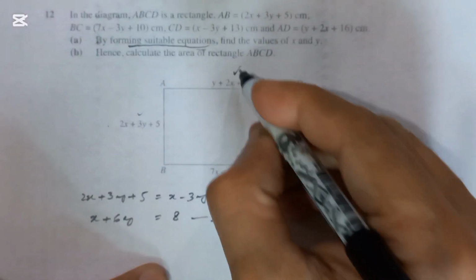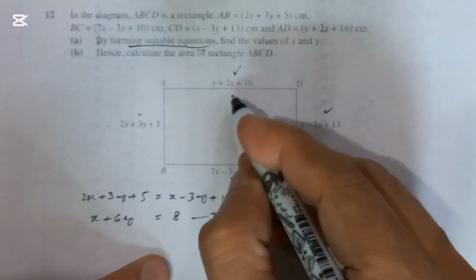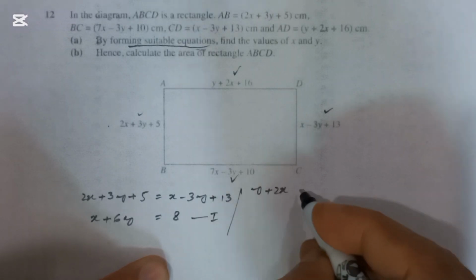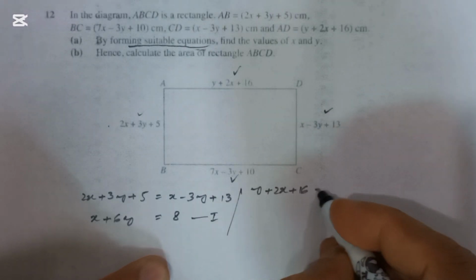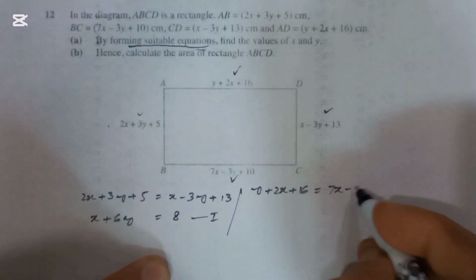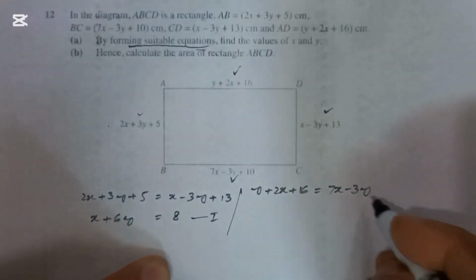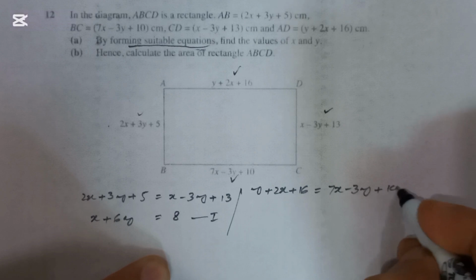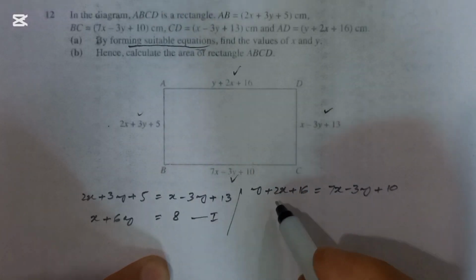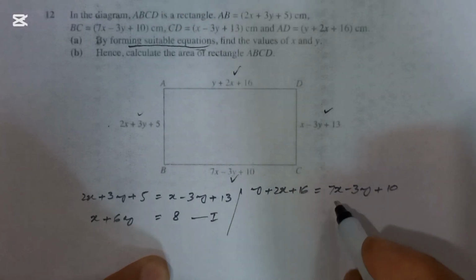Again, this side should be equal to this side, so y plus 2x plus 16 equal to 7x minus 3y plus 10. Again, in this condition we will shift 2x to the right side so that we can get x as positive.